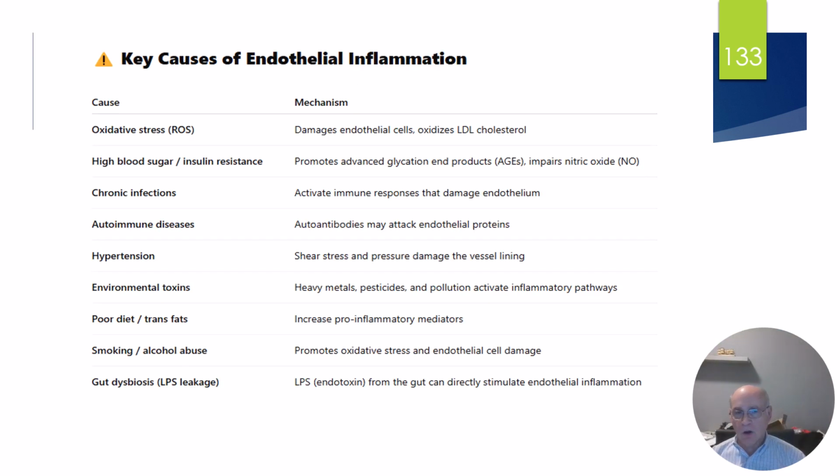So what are some of the key causes of endothelial inflammation? Oxidative stress, high sugar, chronic infections. Remember I said that chronic infections, which would be called a PAMP, a pathogen-associated molecular pattern, drive inflammation, and the activation of the innate immune response will ultimately lead to damage of the endothelial lining of blood vessels, drives autoimmune disease, and autoantibodies can attack blood vessels. Hypertension, environmental toxins can drive heavy metals. We know there are issues with pesticides and pollution.